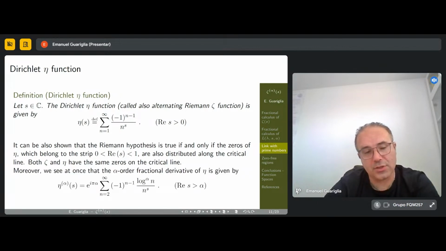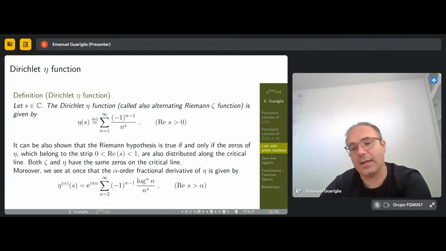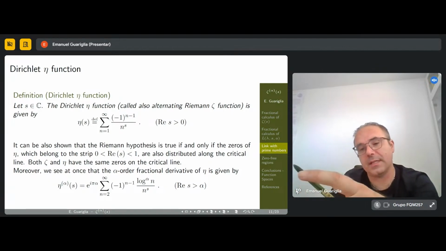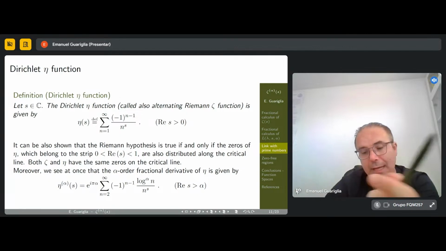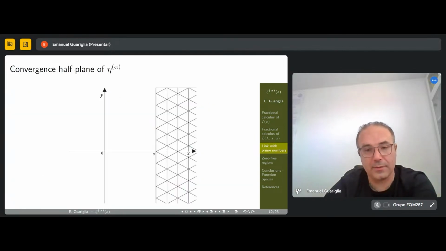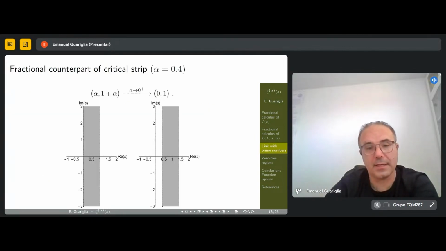Likewise, the fractional derivative of eta converges when the real part of s is greater than alpha. So it seems that their fractional derivatives give us a strip from alpha to 1 plus alpha.